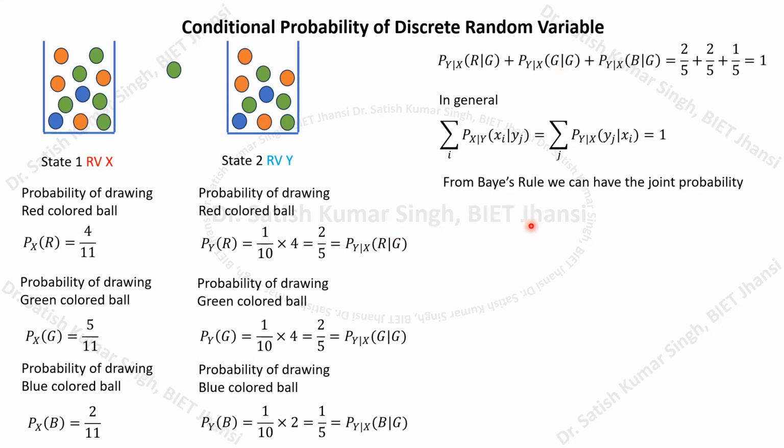So here we can follow the Bayes rule and we can define the joint probability. Normally this is the joint probability of these two outcomes, p(x, y). The joint probability means we are interested in a certain sequence. So I can ask you what is the probability that the first ball will be red and the second ball will be blue.